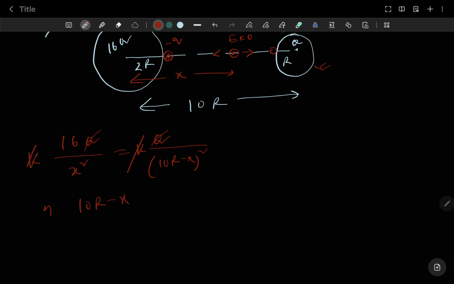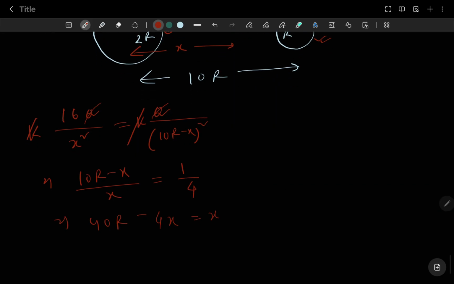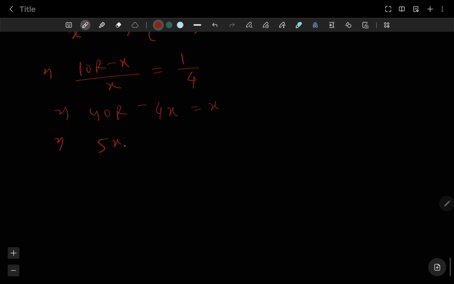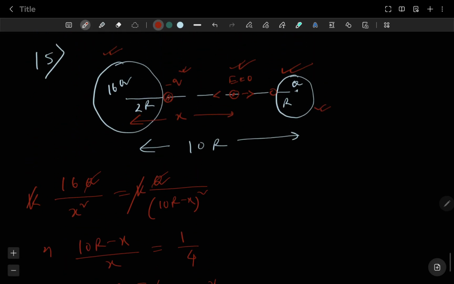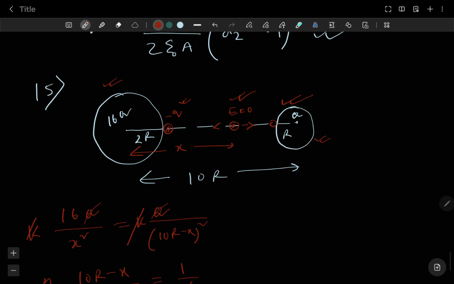So (10R minus X) by X will be 1 by 4. So 40R minus 4X is X. So 5X is 40R, so X is 8R. Okay, so if X is 8R, then the rest is 2R.